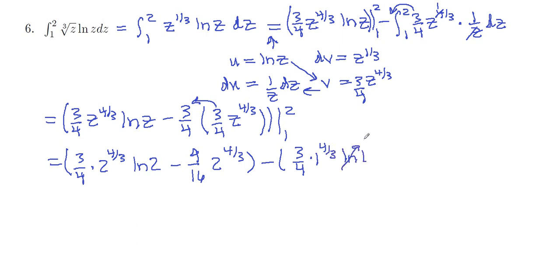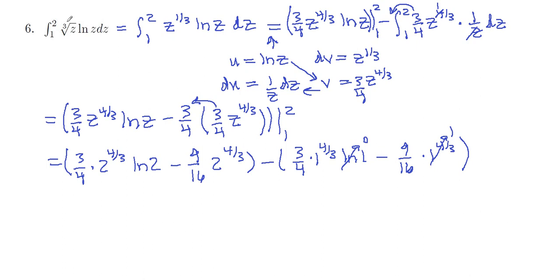And this is 0, so this whole first term drops out, minus 9/16 times 1 to the 4/3, so minus 9/16 times 1 to the 4/3 power, which is just 1, so 9/16 times 1. So we have a numerical answer. It's not pretty, but we have a numerical answer.